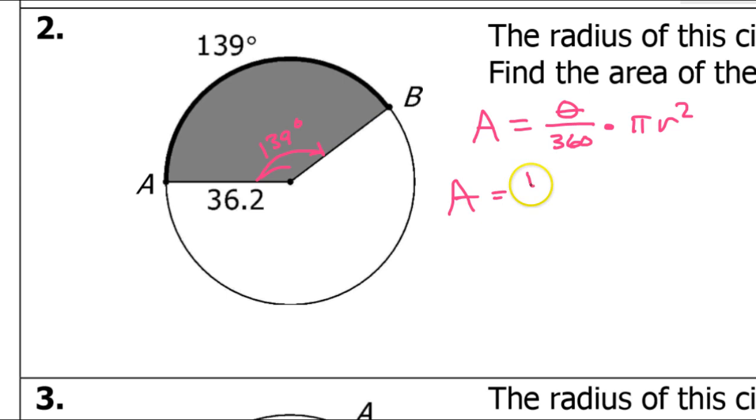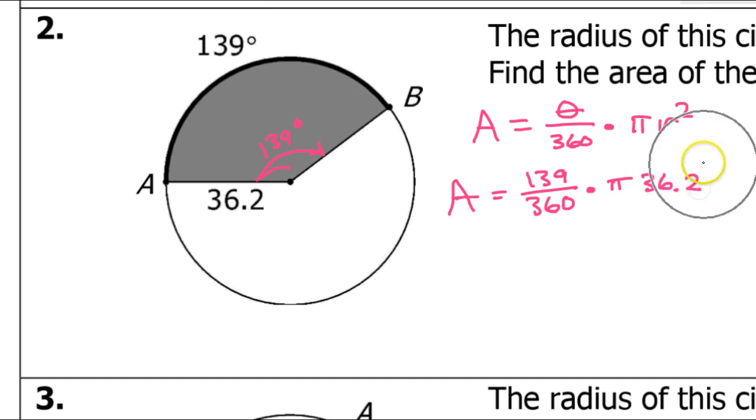Anyway, so it's going to be 139 degrees over 360 times pi r squared. Well, the radius is 36.2, so that'll be 36.2 squared. Now, I really can just put all of this in my calculator. There's nothing stopping me.